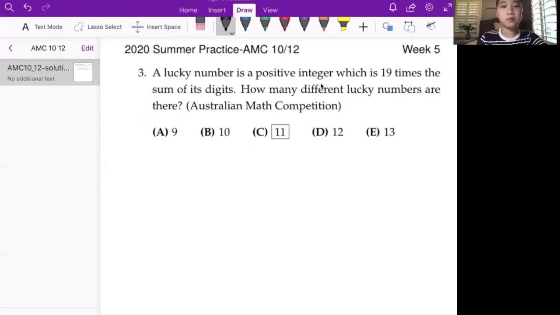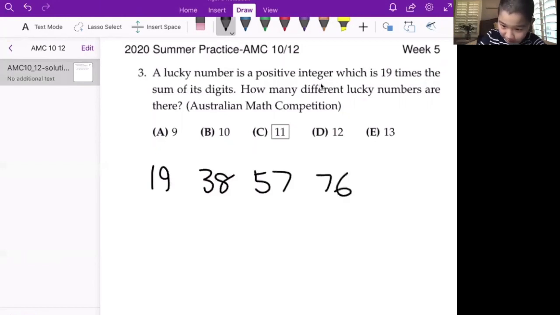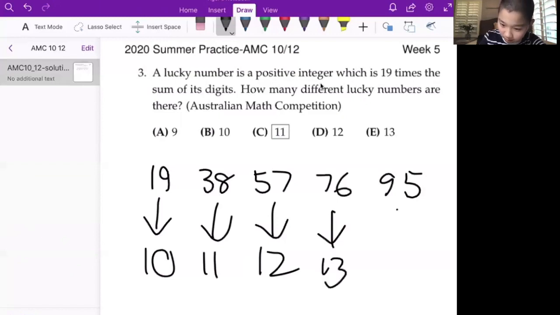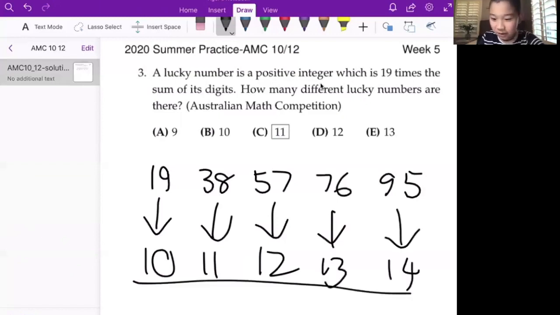So let's try all the multiples of 19: 19, then 38, then 57, 76, 95. You can tell at a quick glance that these don't really work. These 5 numbers are the sum of the digits, and that times 19 is way more than a 2-digit number. So that won't work.